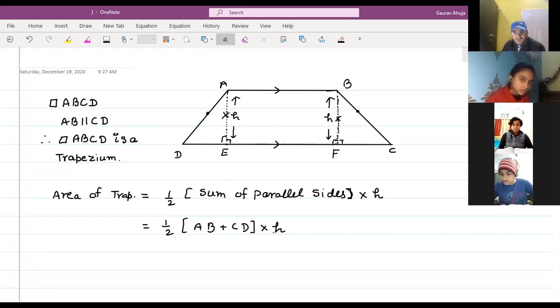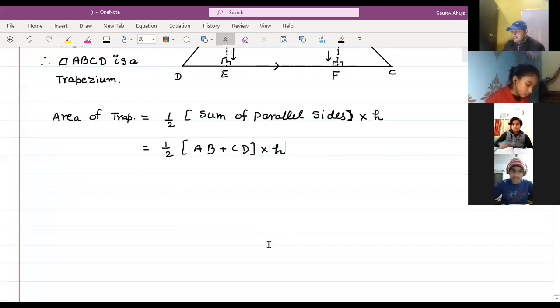Get ready, children. We are starting exercise 18A from R.S. Aggarwal, page number 207. Sir, we have done two questions.